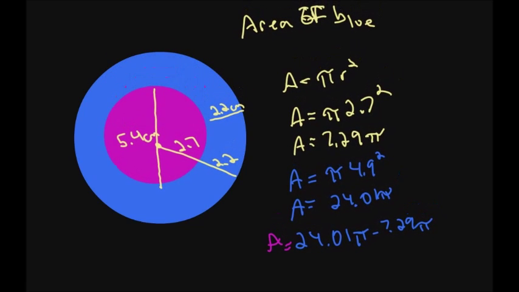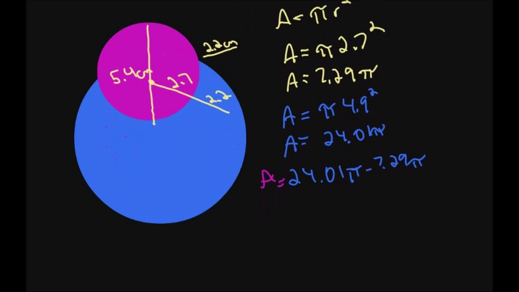Alright, so subtract that, we get 16 72/100 pi for an answer of, or about, because the 16 72/100 pi would be the exact answer. The approximation would be about 52 5/10 centimeters squared.